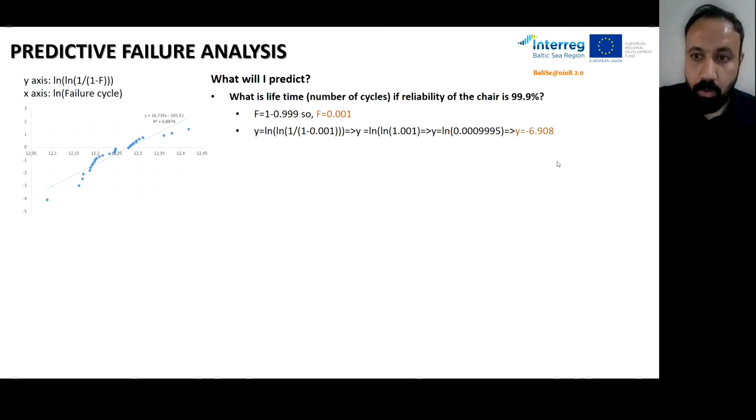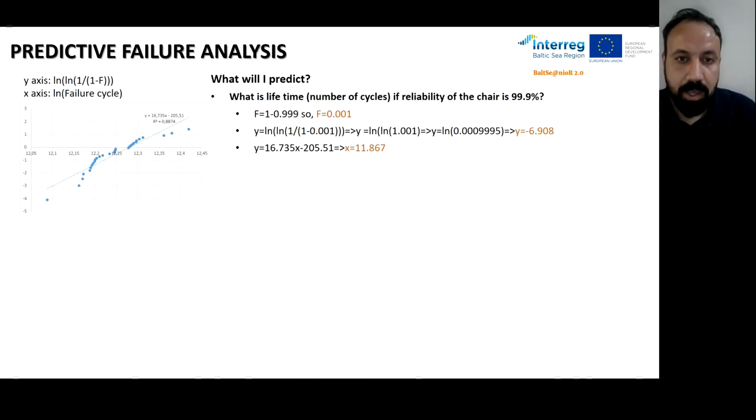And then I know Y, and using this equation I can calculate X. If I keep going along X on this side and make the calculation, my X comes out to 11.8. So I know X. What is X? The natural log of the failure cycle.